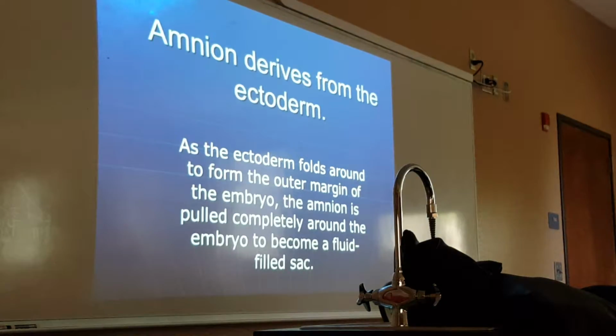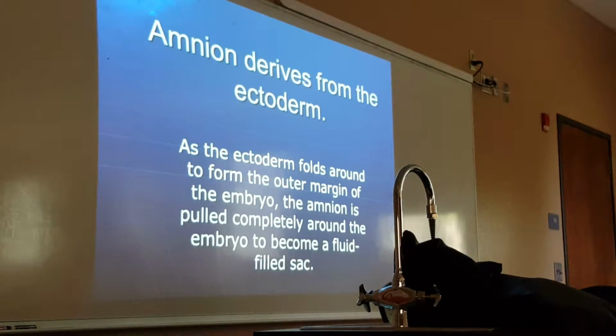Okay, and the yolk sac, on the other hand, is sucked up and eventually disappears, sucked up into the endoderm. The endoderm becomes the inner tube, which in a primitive organism we would just call the gut, but in more sophisticated organisms evolves into a complete and elaborate digestive system.